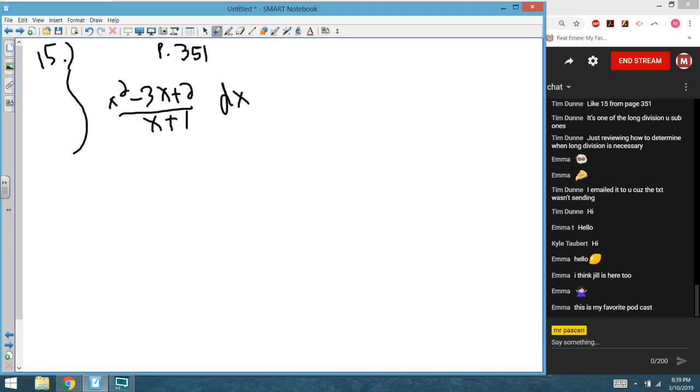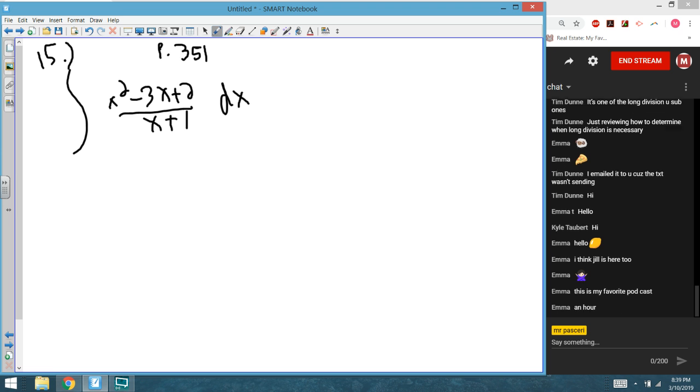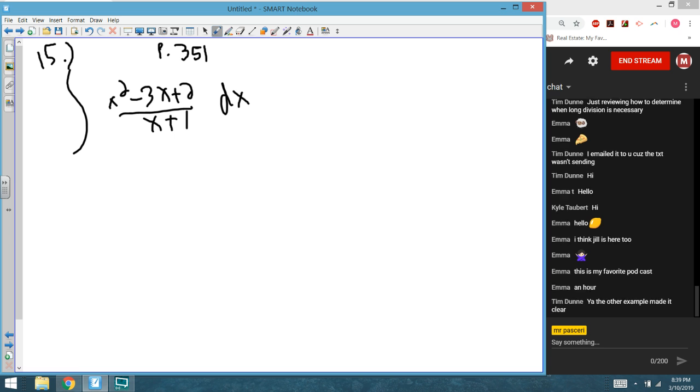How about these ln of x ones? I'm sure you love those. On page 351, there's 21 and 22, 23, 24, 25, all those ones.